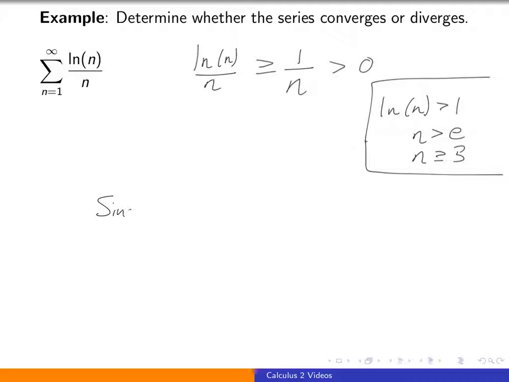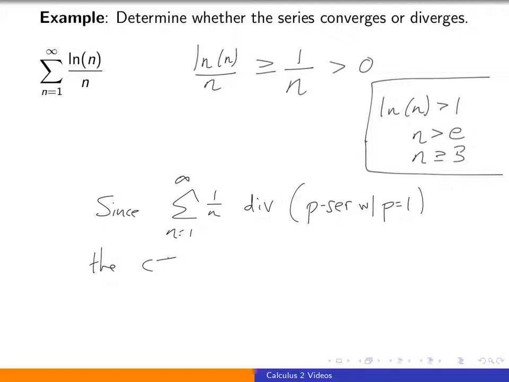So since the sum from n equals 1 to infinity of 1 over n diverges, the reason it diverges is it's a p-series with p equals 1. The comparison test implies that the series we are interested in, the sum from n equals 1 to infinity of the natural log n over n, also diverges.